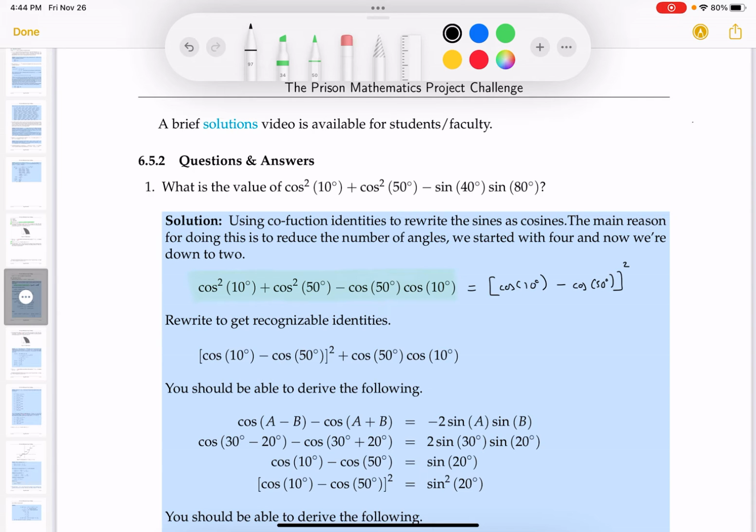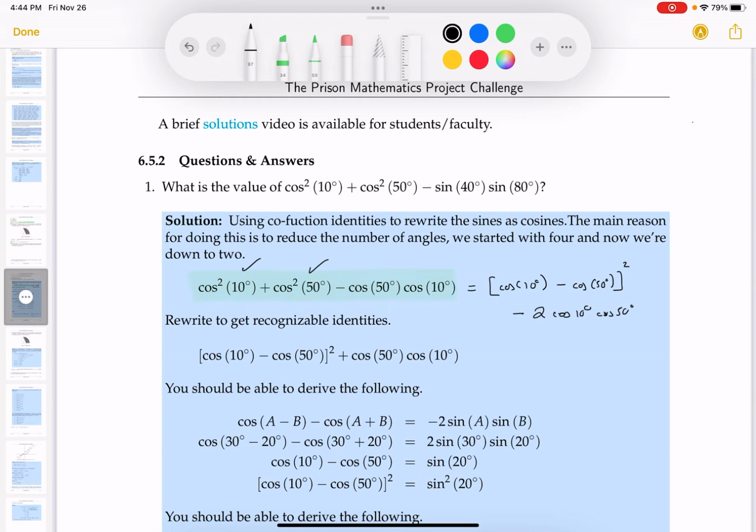But there's a problem. If I were to square that, I would get cosine squared 10 degrees, and I would get cosine squared 50 degrees, but then I'd also get this over here. I'd get minus 2 cosine 10 degrees cosine 50 degrees. But I didn't want 2, I only wanted 1, right? So what does that mean I have to do?